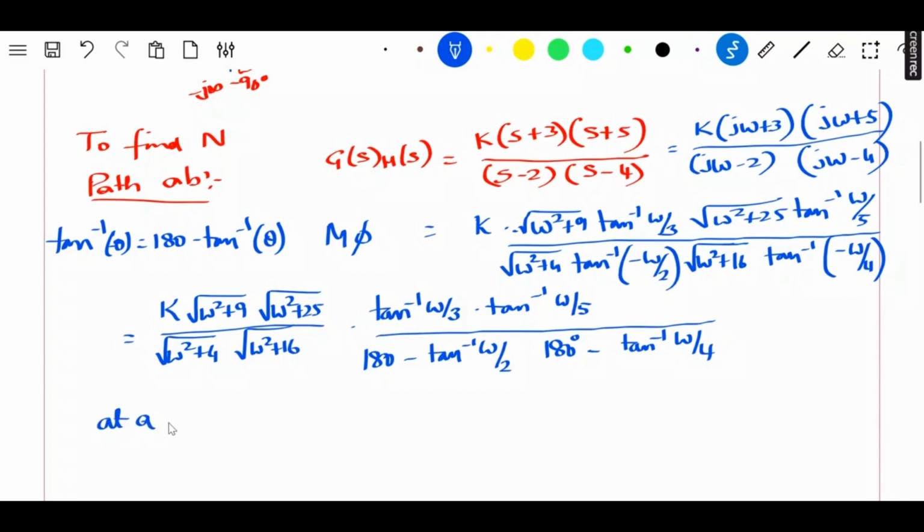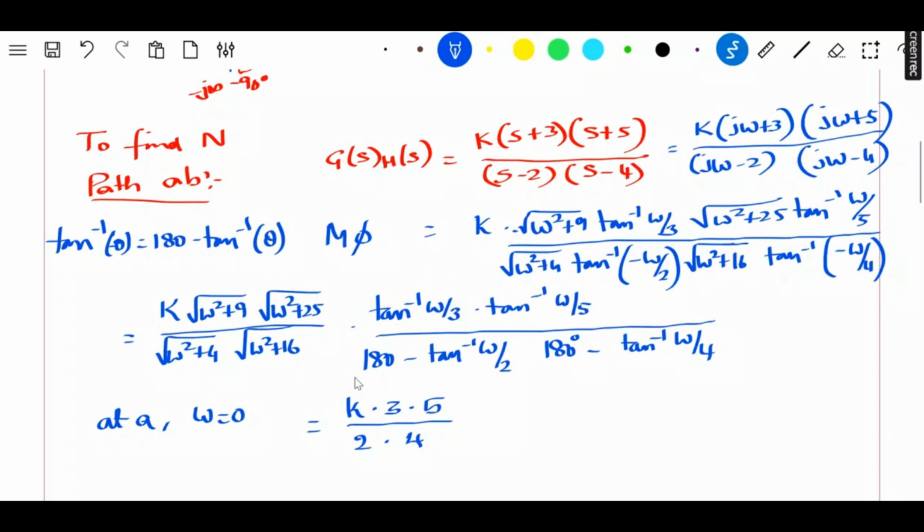At A, we know that omega equals 0. Therefore we get K into square root of 0 plus 9, which is 3, into square root of 0 plus 25, which is 5, divided by square root of 0 plus 4, which is 2, into square root of 16, which is 4. The tan inverse of 0 by 3 is 0, tan inverse of 0 by 5 is 0.